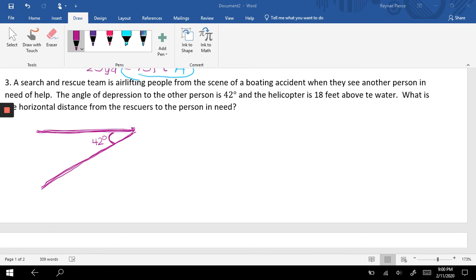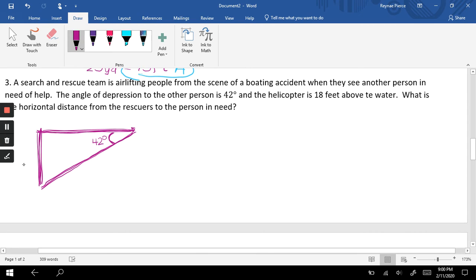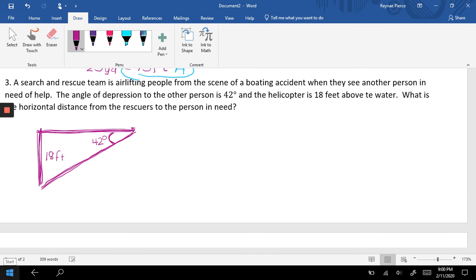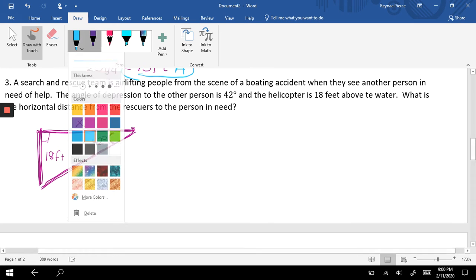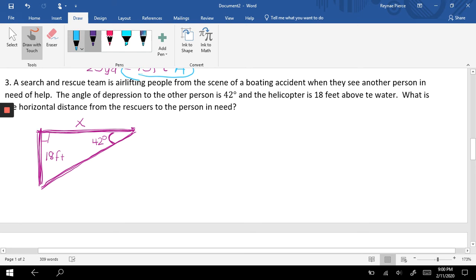Okay, the helicopter is maybe 18 feet above the water. And then it asks, what is the horizontal distance? So we are looking for that distance there. All right. Let's go ahead and label our sides in relation to this angle.